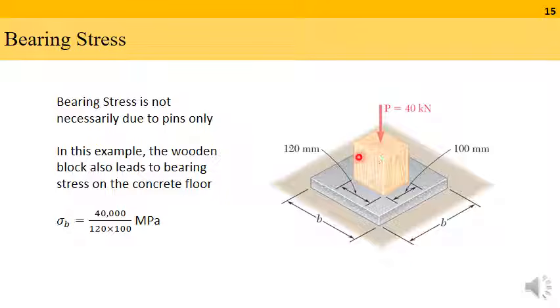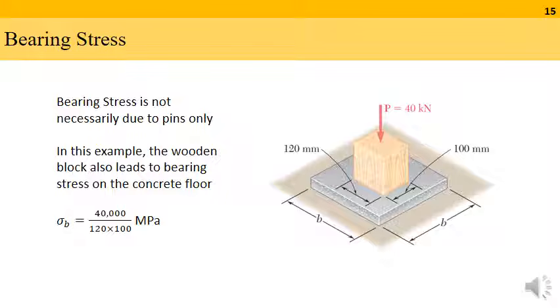Now in the region where the wooden block is sitting on top of this concrete block, due to this load of 40 kilonewton, the concrete block is going to be subjected to some compressive stress, that is bearing stress. We call it bearing stress because this is arising due to the fact that my concrete is bearing the load applied to the wooden block.